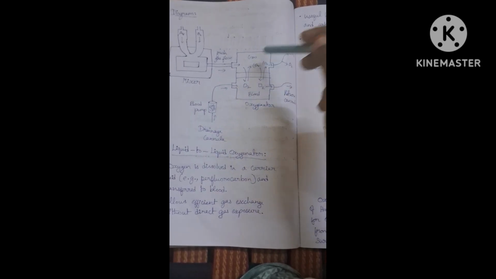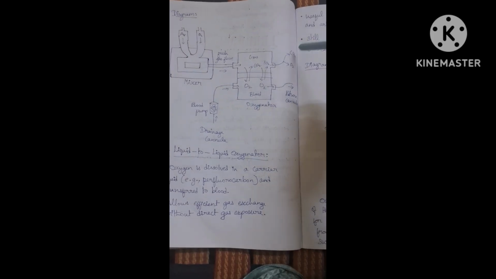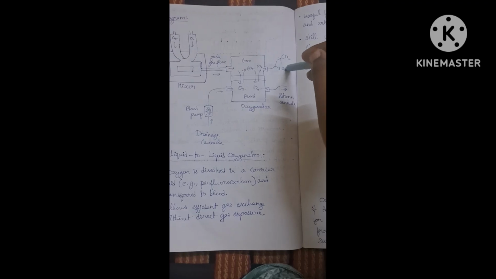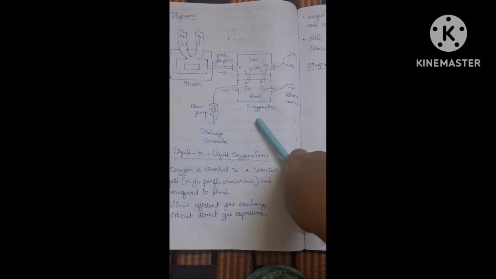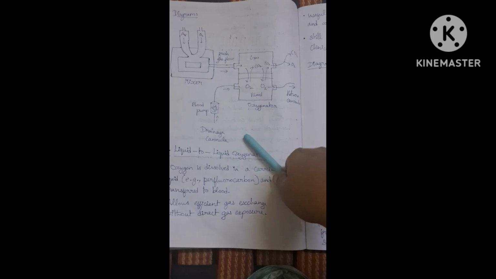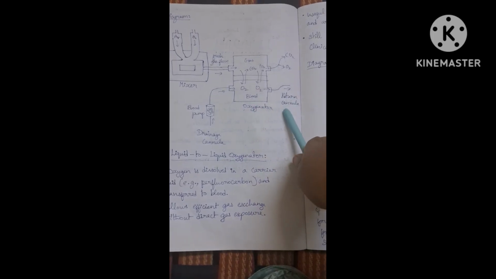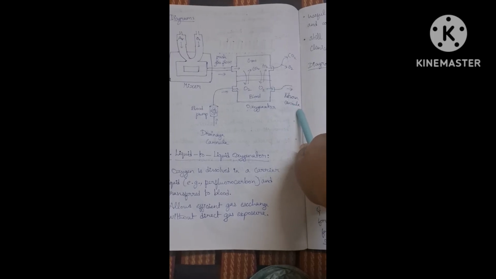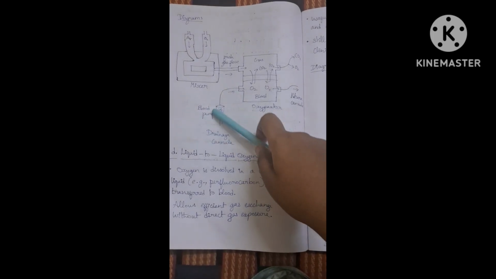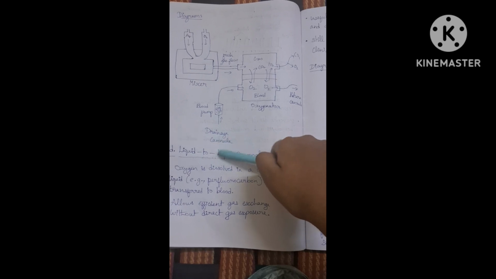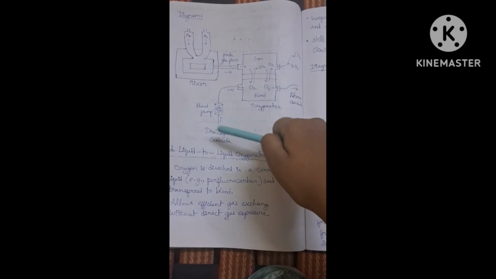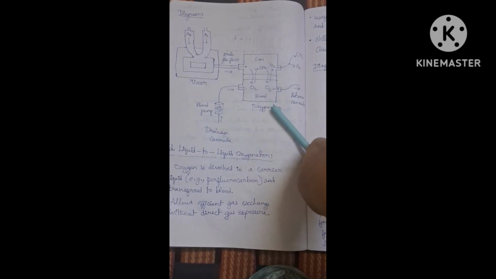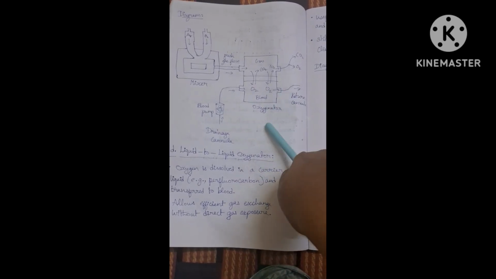In the first section, the CO2 and O2 gas molecules will flow outside. The blood will flow to the return cannula. And the blood pump, which is the drainage cannula. From the drainage cannula, the blood pump will be given to the blood section of the oxygenator.